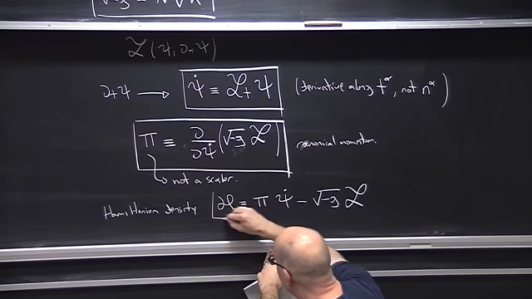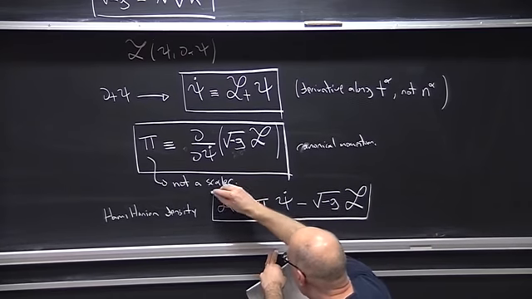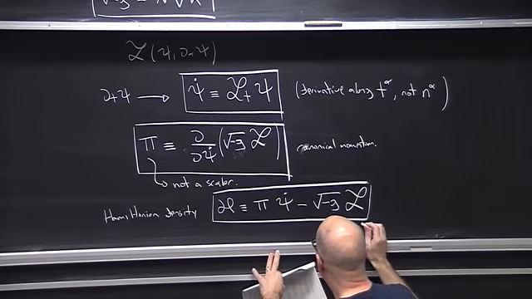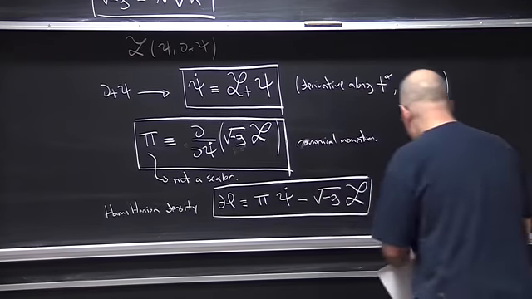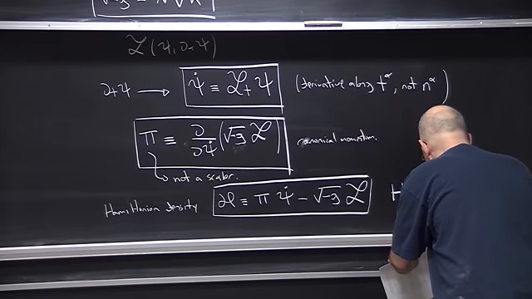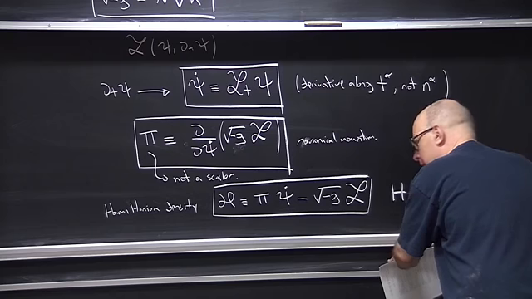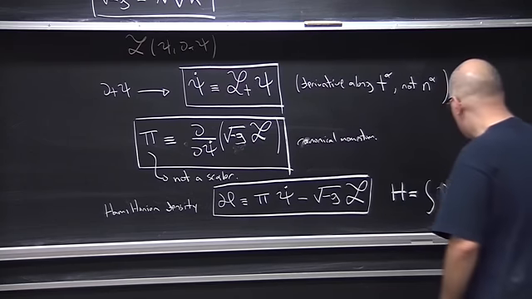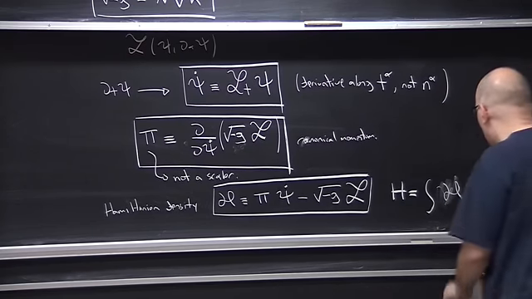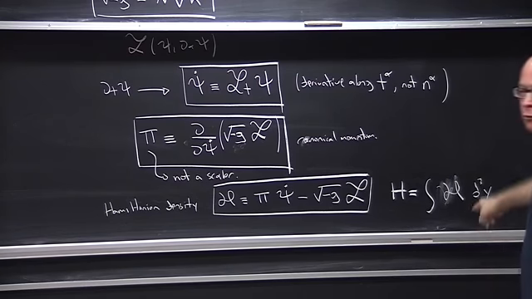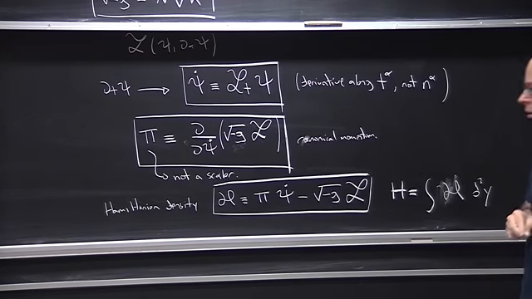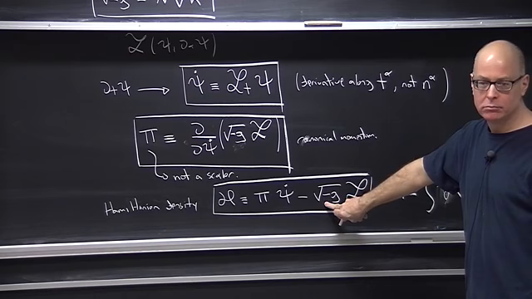Well, that's the definition for the Hamiltonian density. And the full Hamiltonian is going to be the integral of this. That's curly H over d3y. And here I don't throw in a factor of root h because it's already contained here.